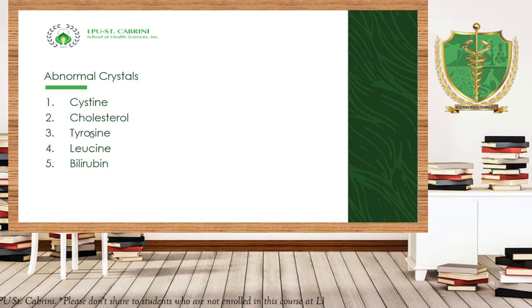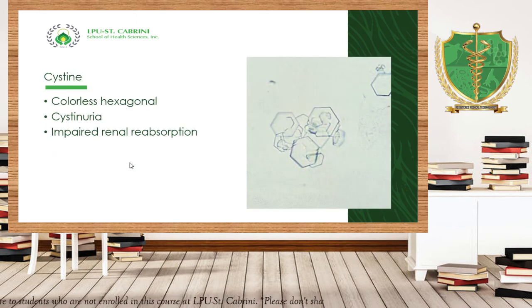Now, these are our abnormal crystals. Cysteine, cholesterol, tyrosine, leucine, and bilirubin. Okay, cysteine is a hexagonal shape. No, the presence of cysteine in the urine is called cystinuria, and the presence of cysteine in the urine is an indication of impaired renal absorption of the amino acid cysteine.